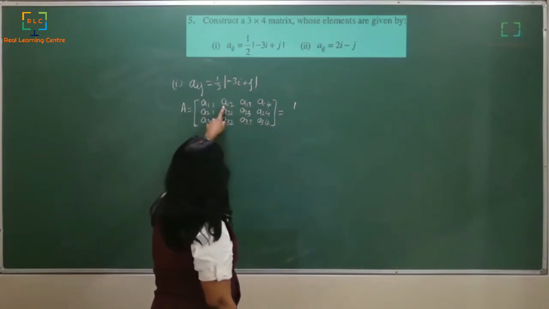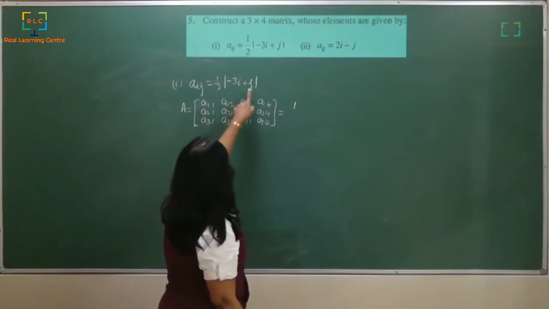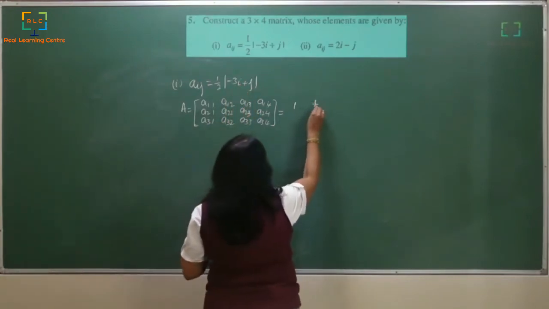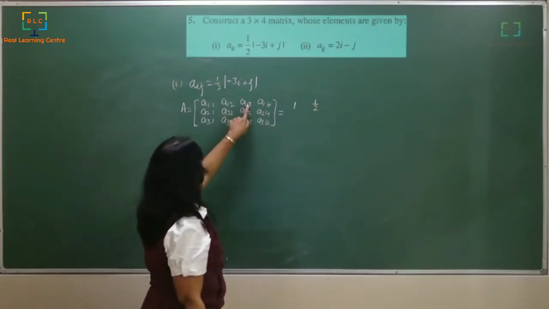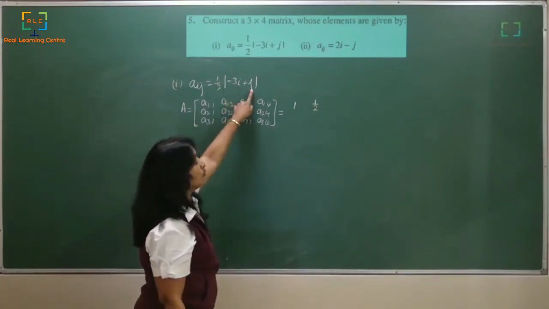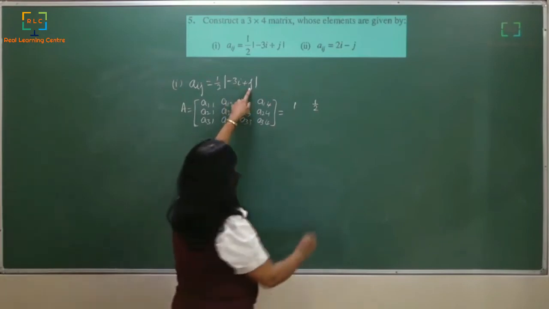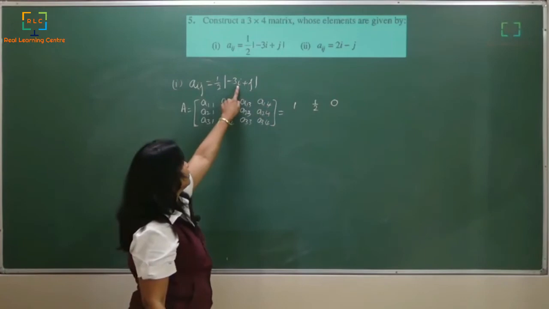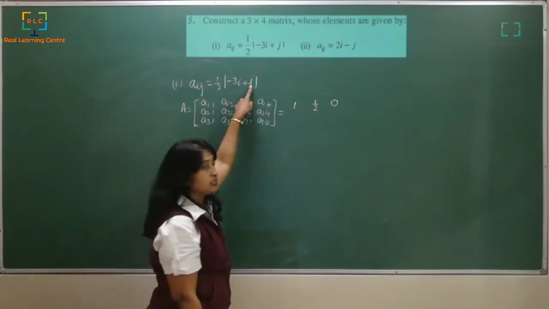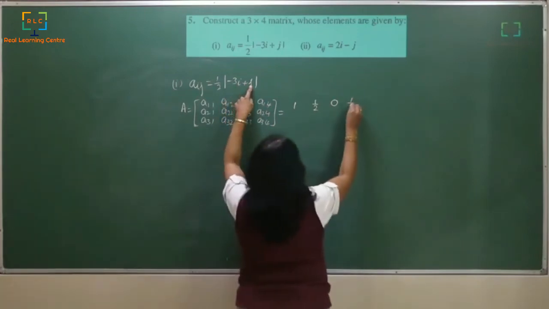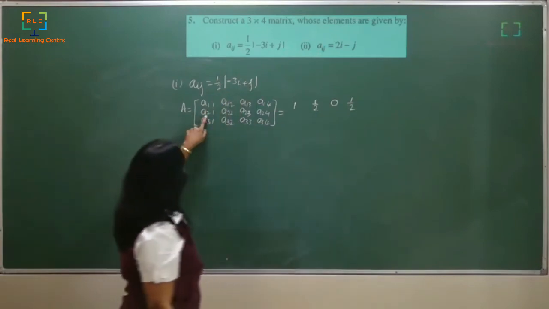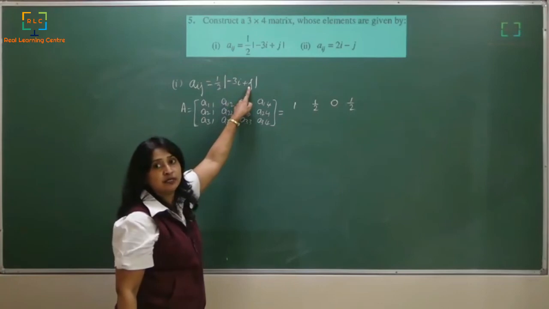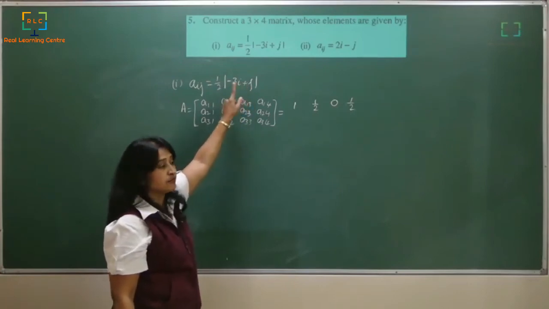Next I go to A12, i is equal to 1 and j is equal to 2. So minus 3 plus 2 is minus 1, so the next one is going to be 1 by 2. A13, i is 1 and j is 3. Minus 3 plus 3 is 0, and 0 divided by anything is 0. Then 1 and 4: minus 3 plus 4 is 1, so it's again 1 by 2. Then A21, i is equal to 2, so this will be minus 6 plus 1, which is minus 5.